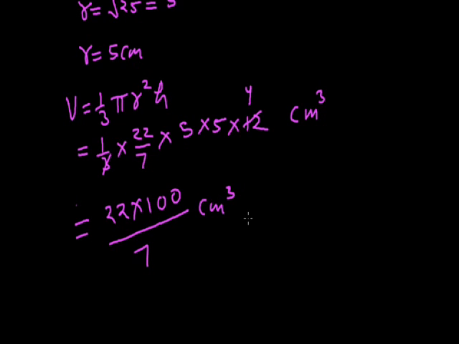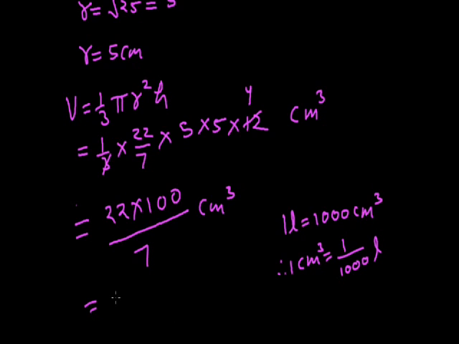Now as we want the result in liters, we know that in 1 liter we have 1000 centimeter cubic. So therefore 1 centimeter cubic is equal to 1 upon 1000 liter. So in order to convert into liters, 22 into 100 by 7 centimeter cubic is equal to 1 upon 1000 liters.